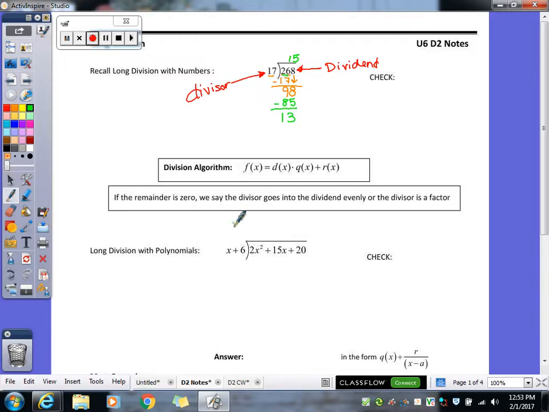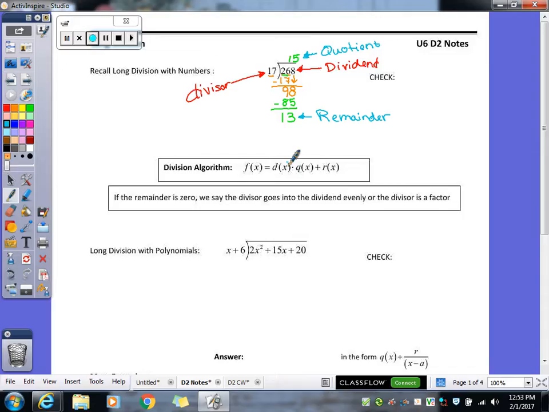What do we call the 13? Remainder. So remember how you would put a little R and then write whatever your remainder was afterwards? This up here is what we call our quotient, so that's basically our answer when we're dealing with a division problem.